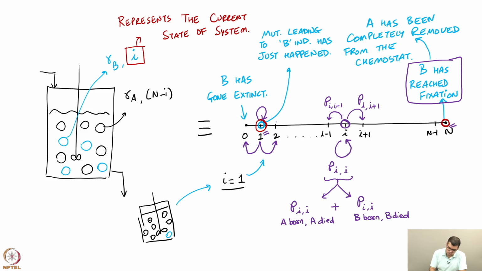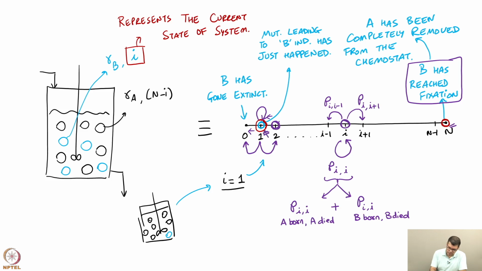However, if it goes to 2, then it is taken one step closer to reaching fixation. Early on, B could be lost from the population via just one step, one event, one step in this direction, and B was going to be lost from the population. But now, since the system is at 2, one step backwards is not going to lead to elimination of B. So, the chances that B is going to get completely washed away becomes slightly difficult if the system is at I equal to 2 as compared to when it was at I equal to 1.